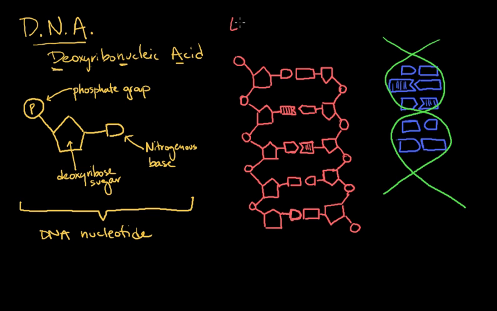So this one in red is called the ladder model of DNA. And this one in blue and green is called the helix model of DNA. Basically they're the same thing, but just shown in different ways.